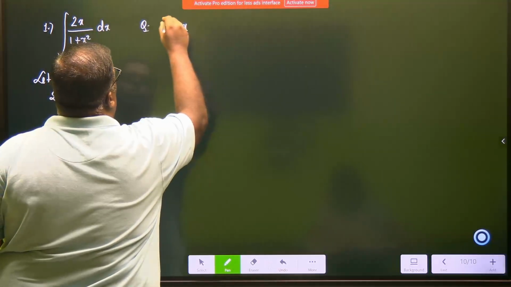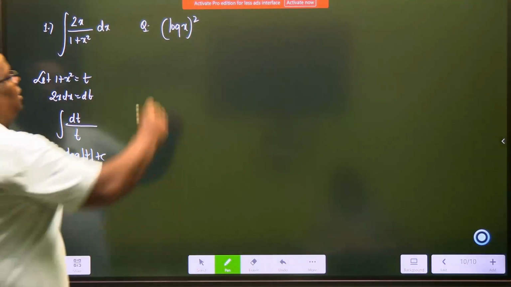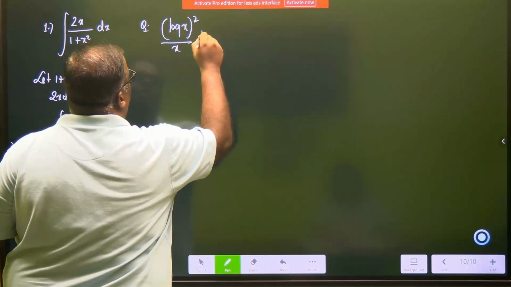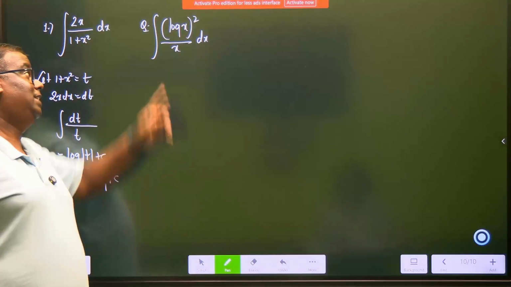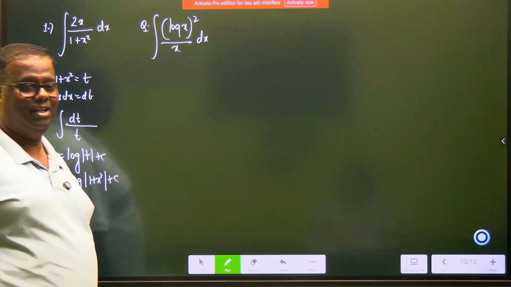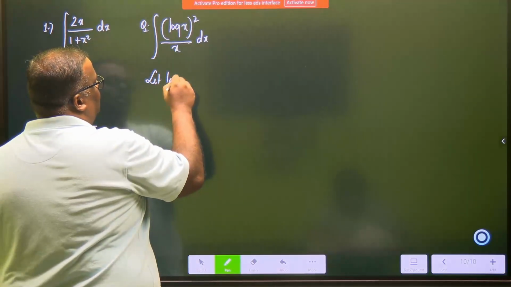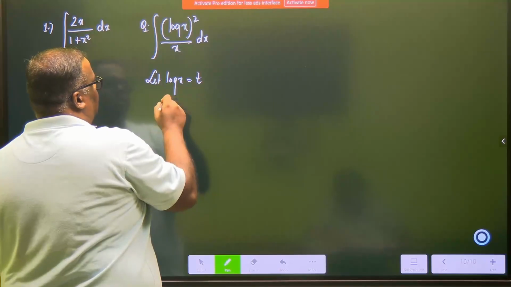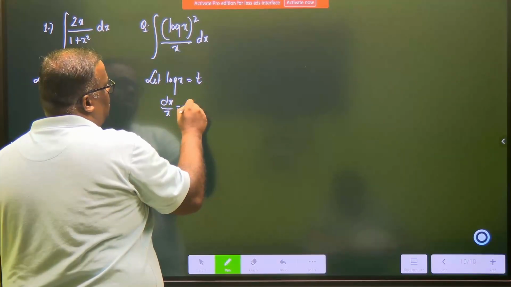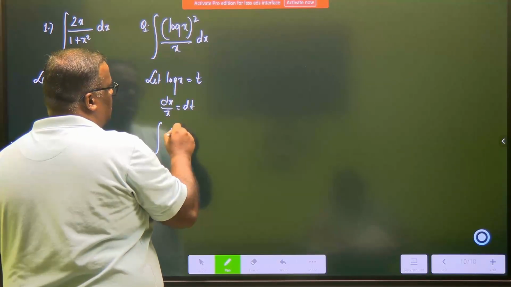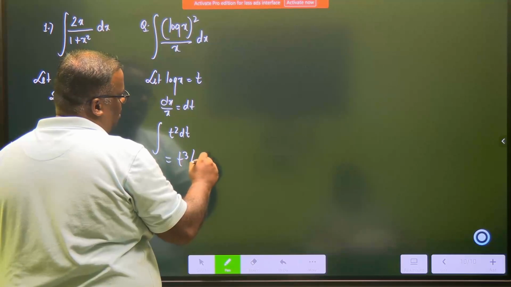Integral of log x whole square divided by x dx. Acha, now you tell me. Log x, then 1 by x dx becomes the son. Very good. So we say let log x be equal to t. Then dx by x is equal to dt. So your integral becomes t square dt, which is equal to t cube by 3 plus c.